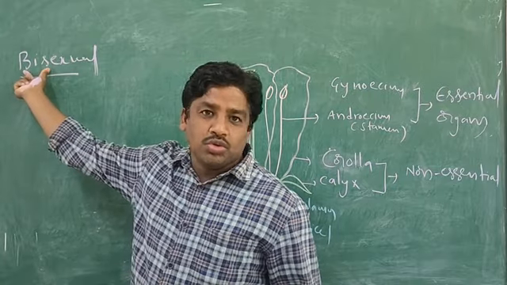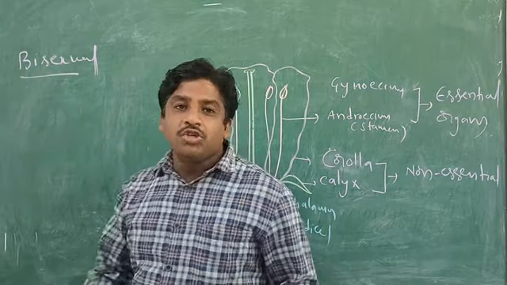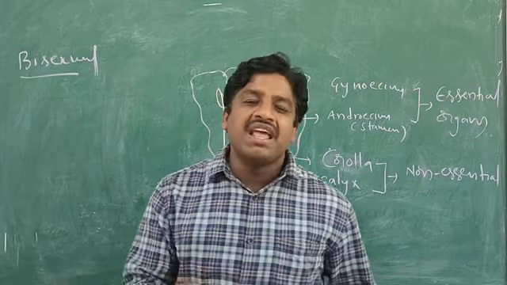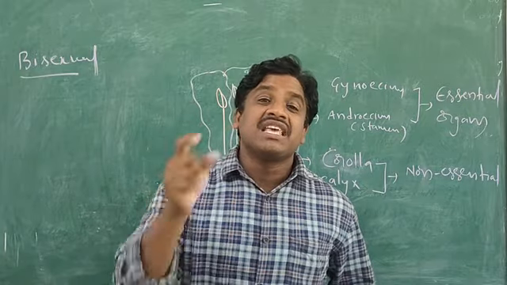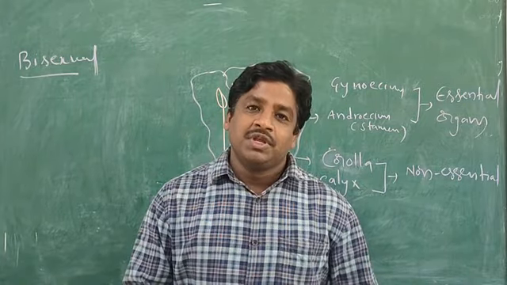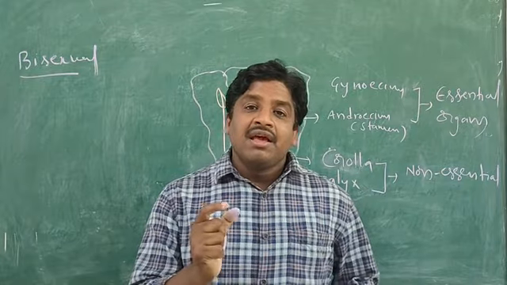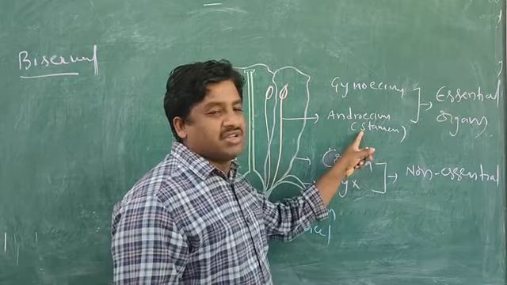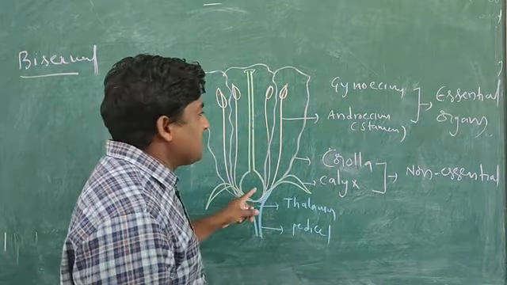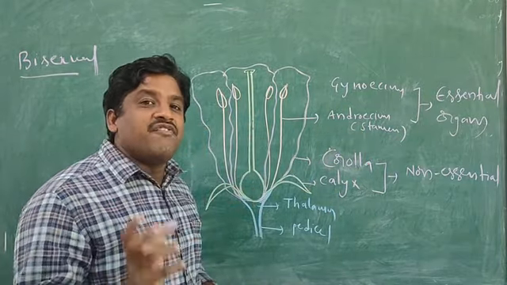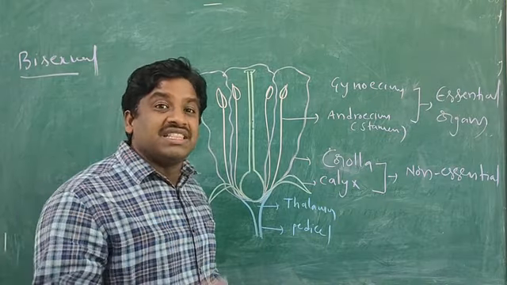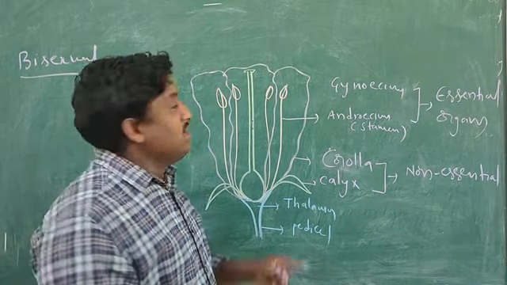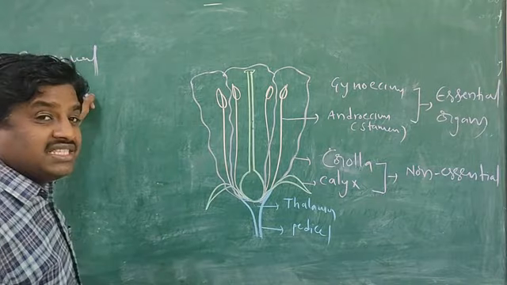Bi means two. Sexual, that means both male and female parts are present in the same flower. Male means stamens. Female means gynoecium. Both male and female reproductive parts are present in the same flower. That's what we call a bisexual flower.